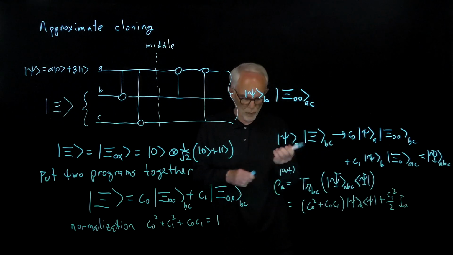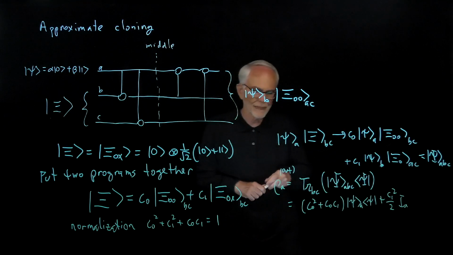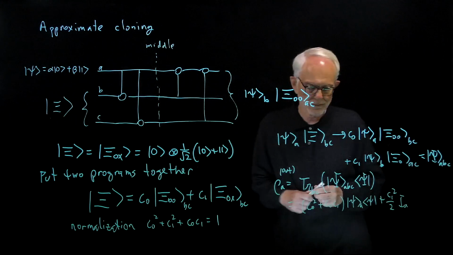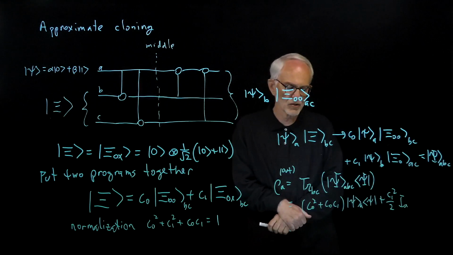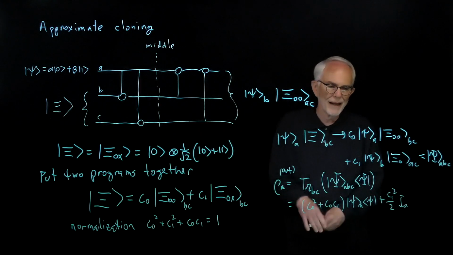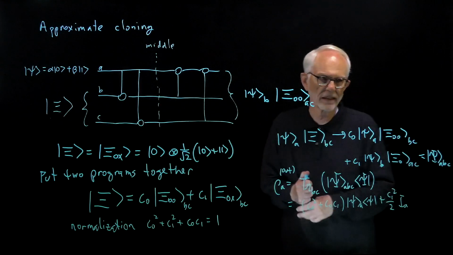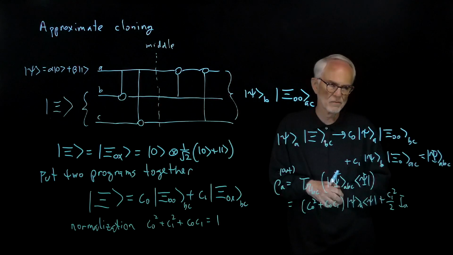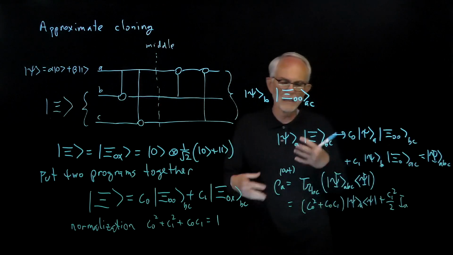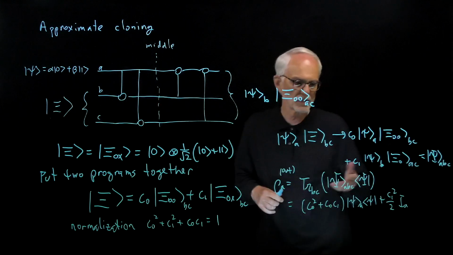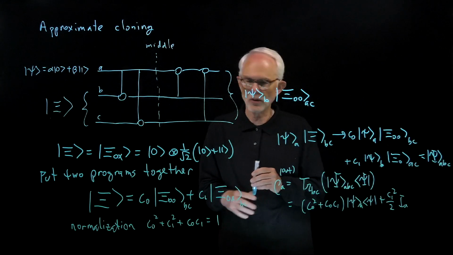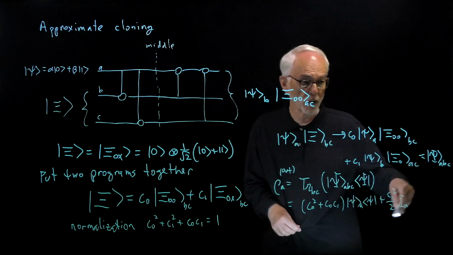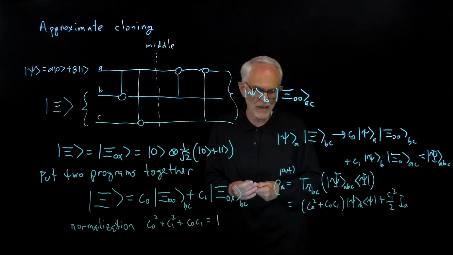So you can see the form of this is that I have what I want, the first term in front, because that now contains information about psi. And then the second term is just an identity, which I can just view as noise. So this is where the imperfect copying comes in. So it copies some of the quantum information about the state that I'm trying to copy, but it's going to add noise to it. So it's going to be a noisy copy.